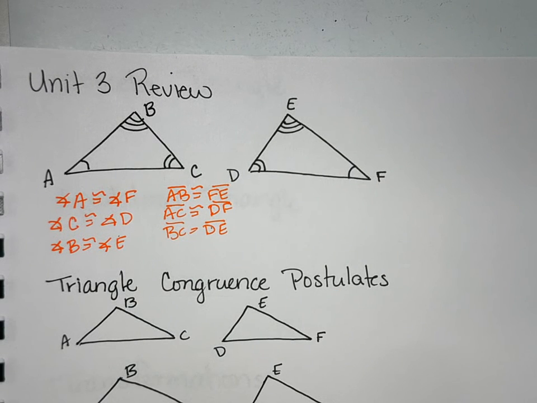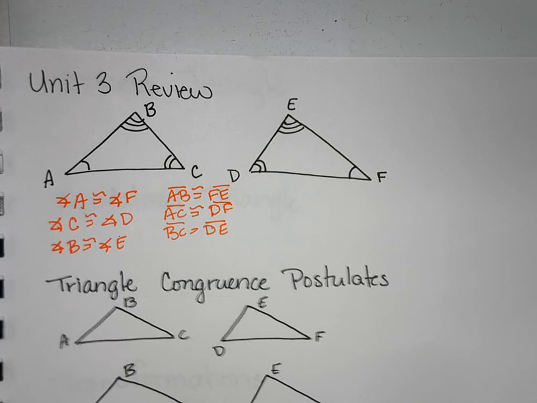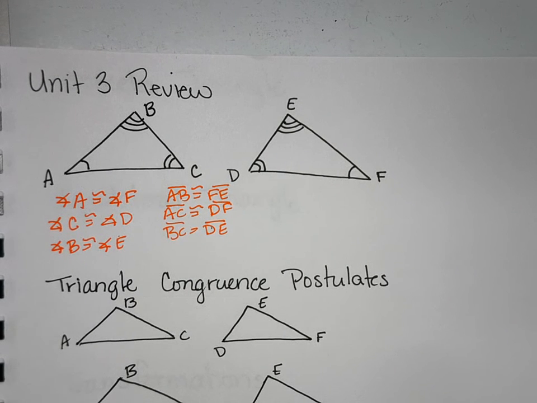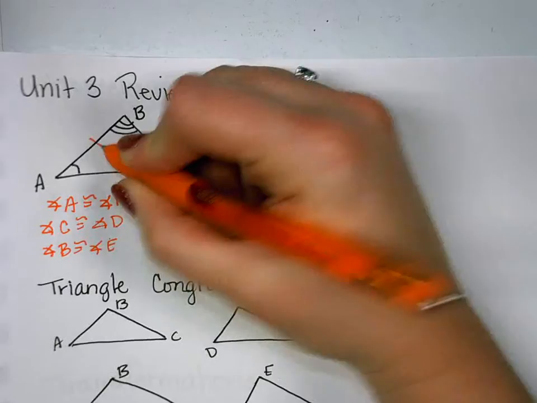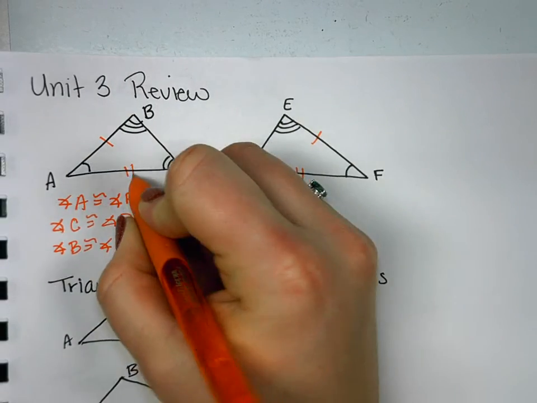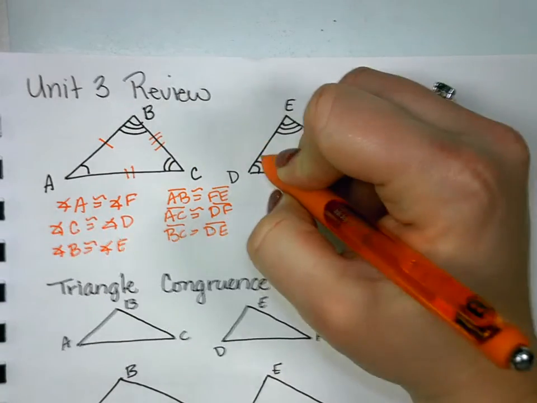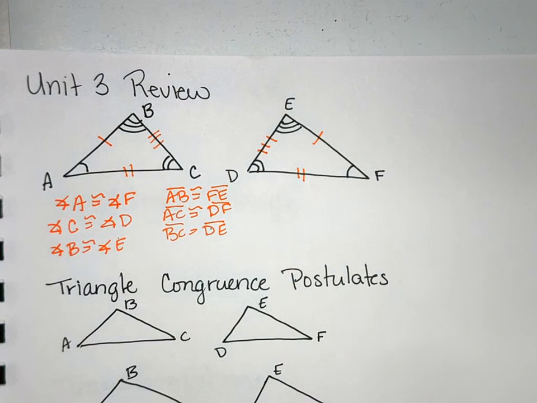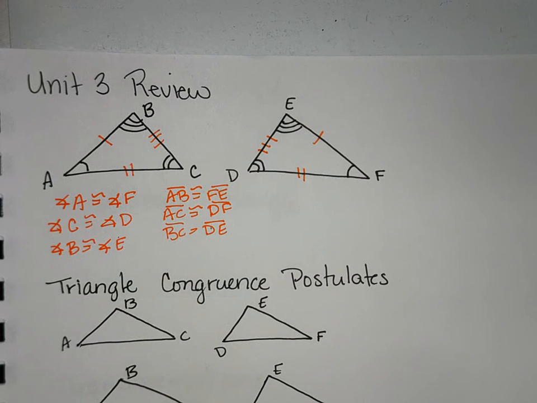So that's what we started the year with, just how to match up parts that went together based on markings. We also used the little tick marks to help us identify sides that were congruent. And we had to show all 6 things were congruent to say that the 2 triangles were congruent.